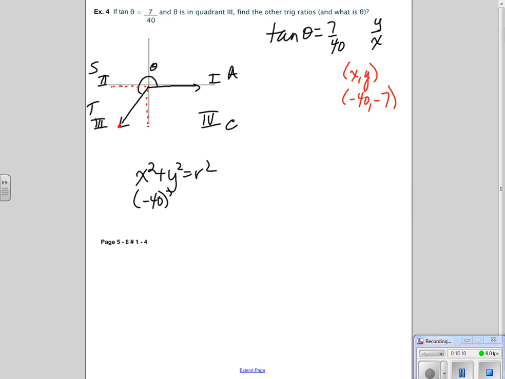Negative 40 squared plus negative 7 squared equals r squared. Negative 40 squared, remember, is going to be positive. 1600, and 49 is r squared. r is always positive, so we take the positive square root of 1649.